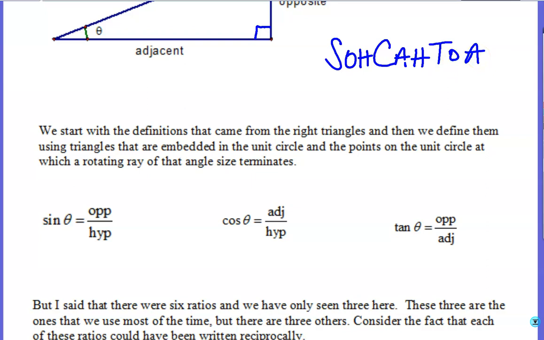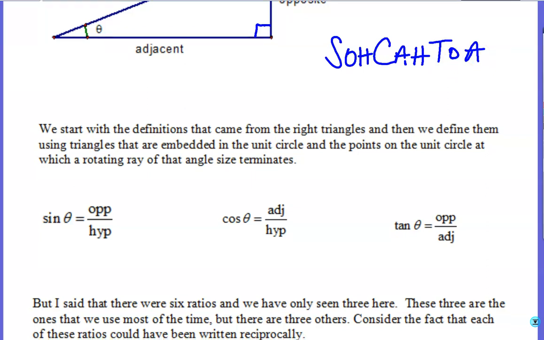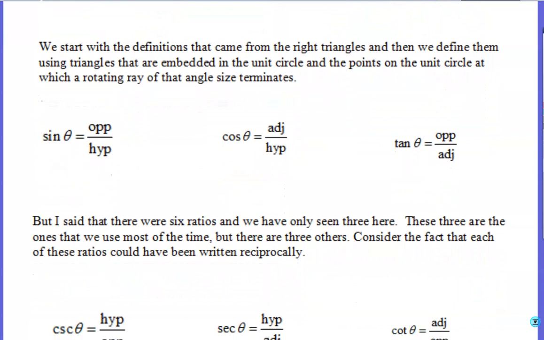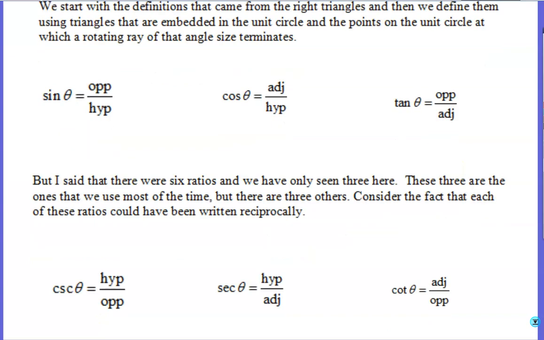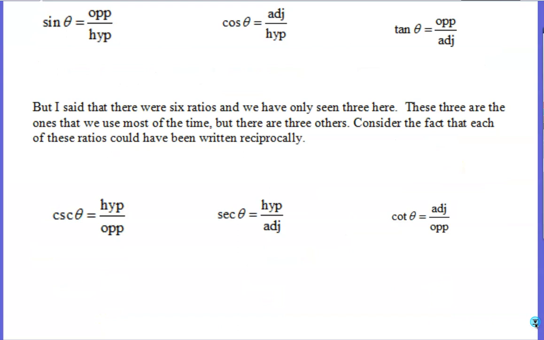Okay, so again, we're going to use these with our unit circle and a rotating point. But remember, I said we were going to use 6 trig ratios. So we only have these 3 that you might have learned last year. Maybe you touched base on some of these last ones, but these are the others. So we have cosecant, secant, and cotangent.